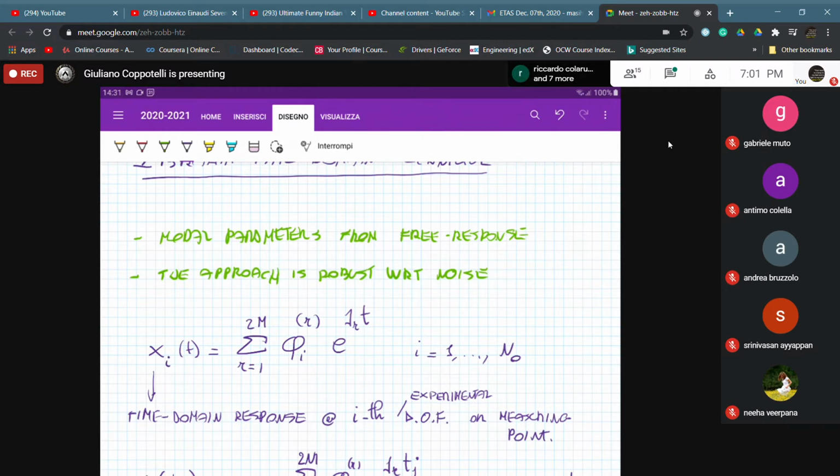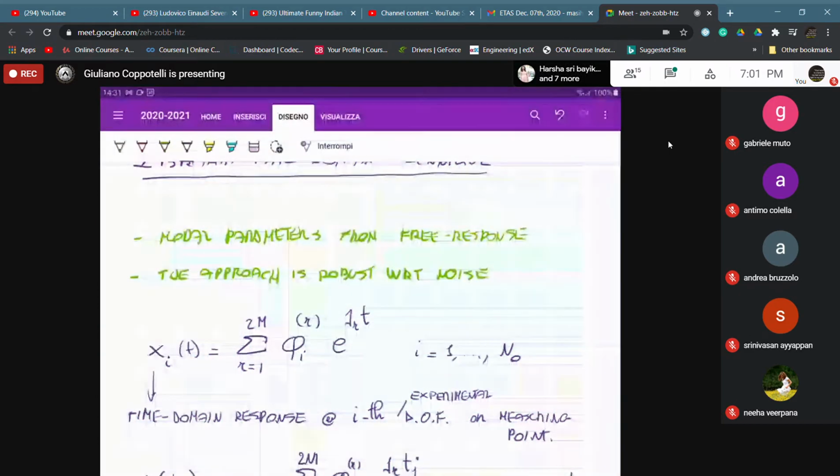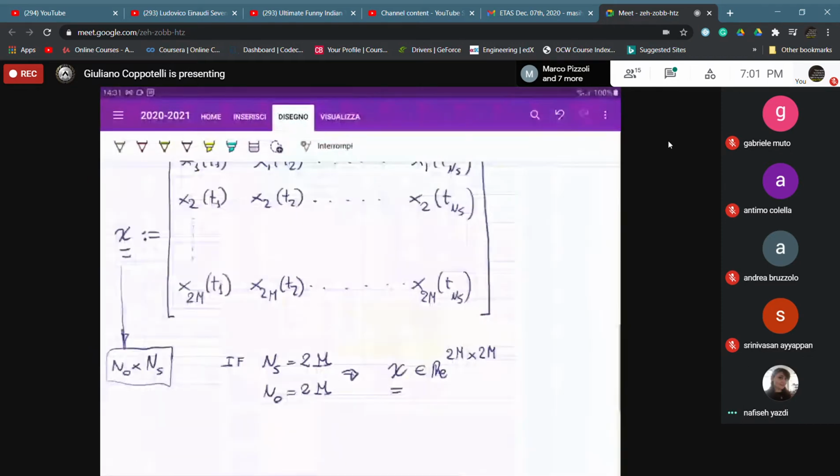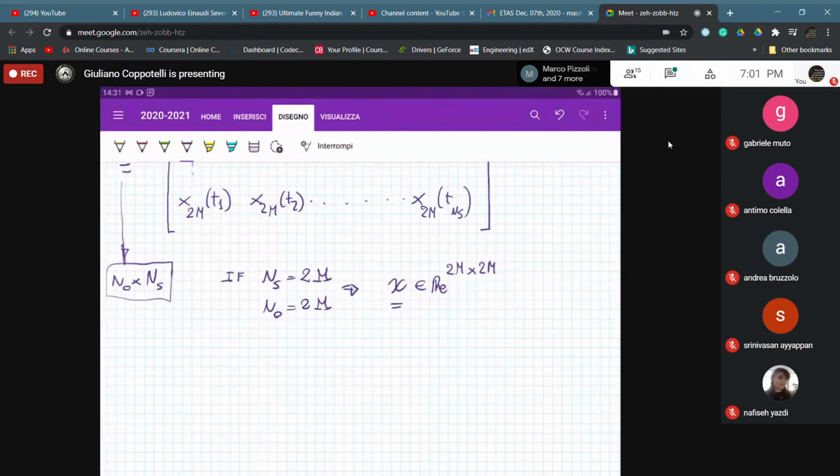So by now let's assume that I know this number of modes so that I can start my procedure. To solve for this unknown number of modes, you have to introduce your stabilization diagram also for such a method. Let's assume that this hypothesis is good, that is, the number of sampling points we are using is equal to the number of outputs, which is equal to the order of your system 2m.